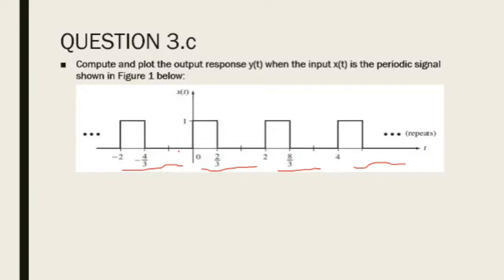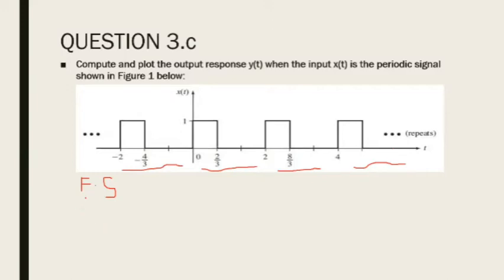Okay, if we want to calculate this theoretically, we have to use the Fourier series, not the Fourier transform, because of the signal repeating from negative infinity to infinity. You can see that it always repeats the same signal.